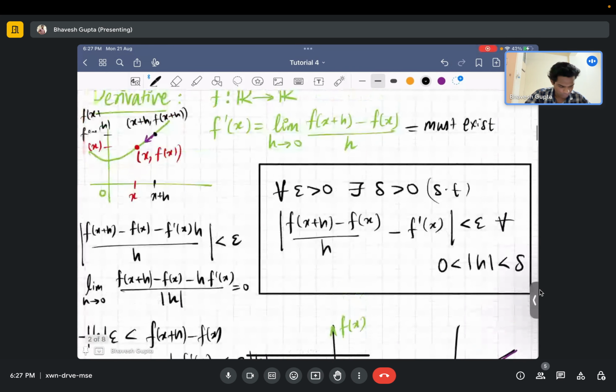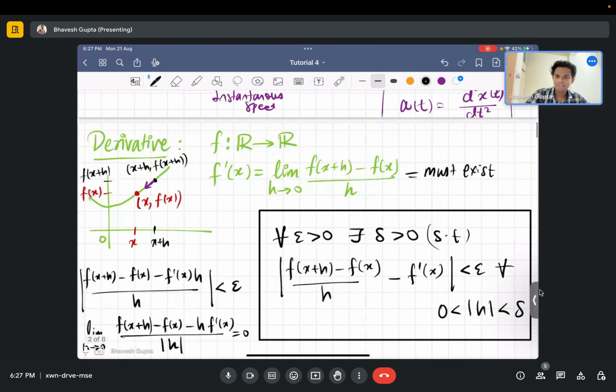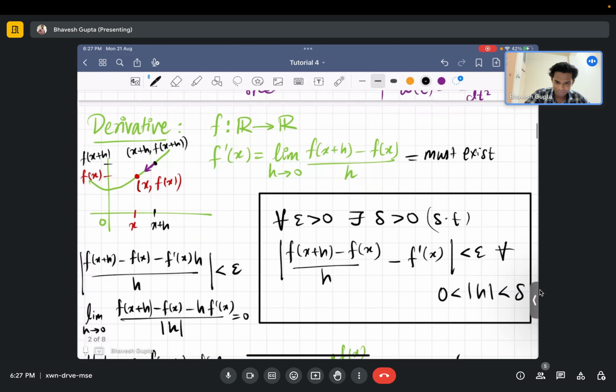Because now I just want to make it clear that if the derivative of a function exists, that means this limit should also exist. If I say a slope exists, if I say a derivative exists, slope and derivative are the same word.